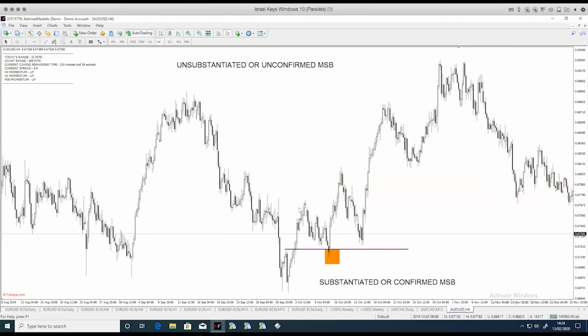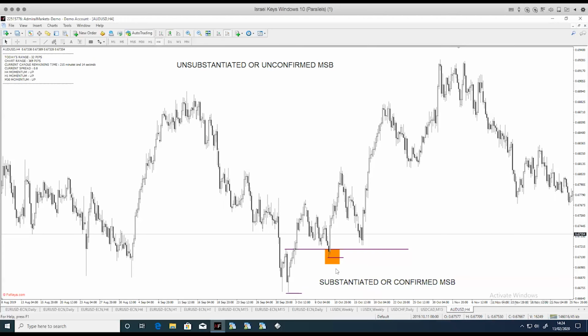When price violated that line, a market structure break, it comes back down and forms a higher low, higher than this one here. At that point, we now know that price has reversed. And this is what the reversal market condition really is.